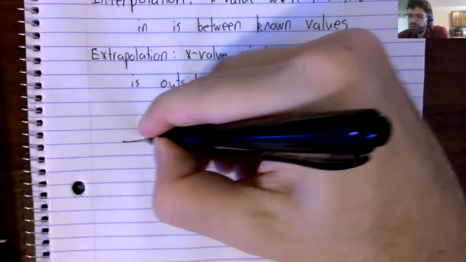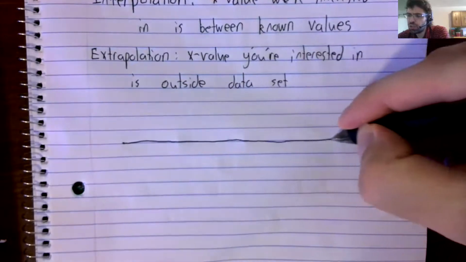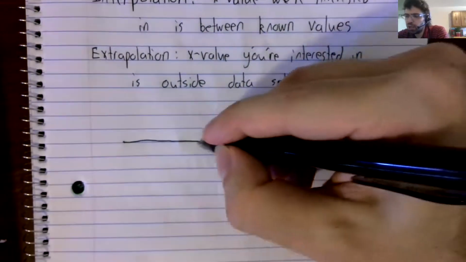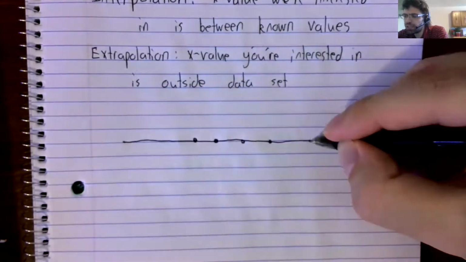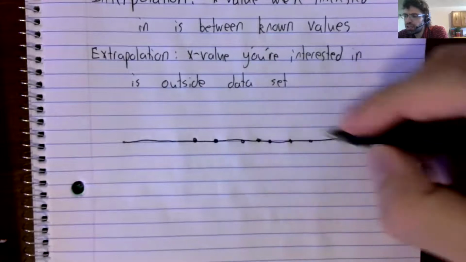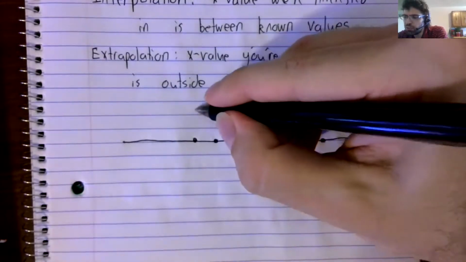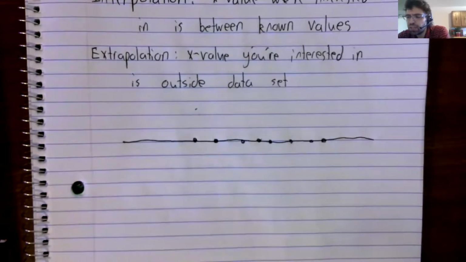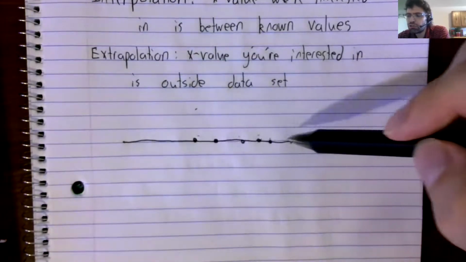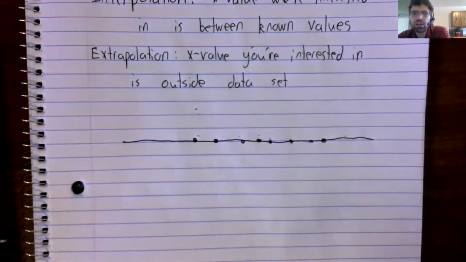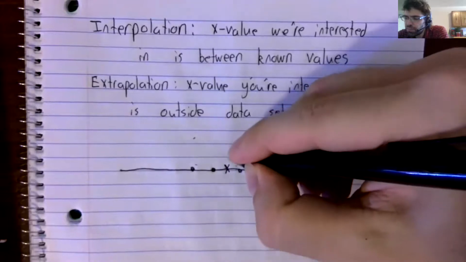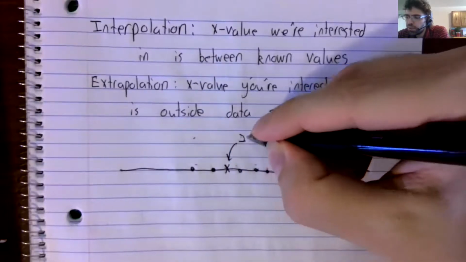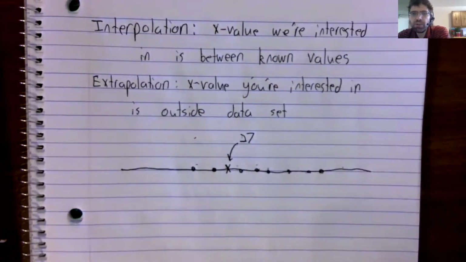So representing this visually, here's the number line. We have data points for these values of x. So these are, let's say, the cricket chirps we have data for. 27 was in the middle of this data set.